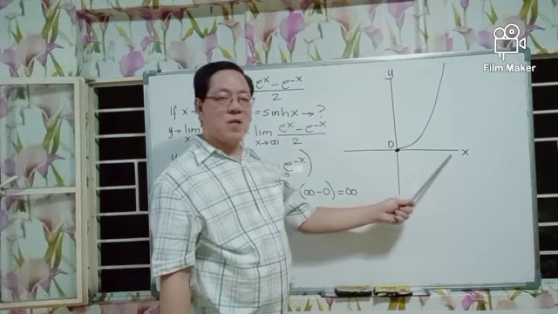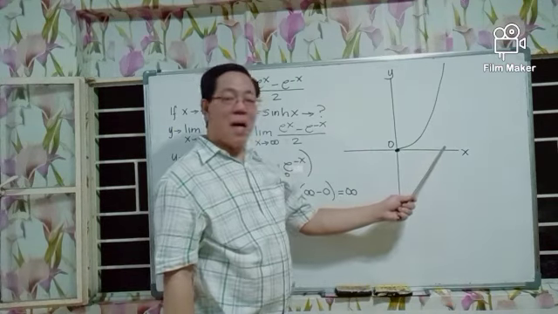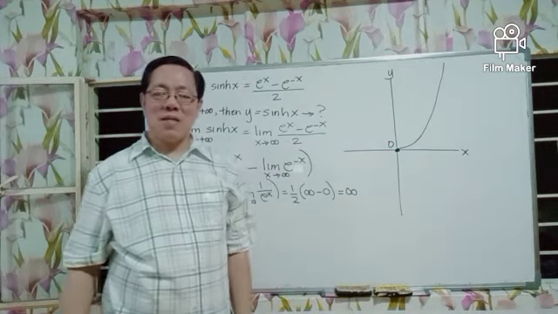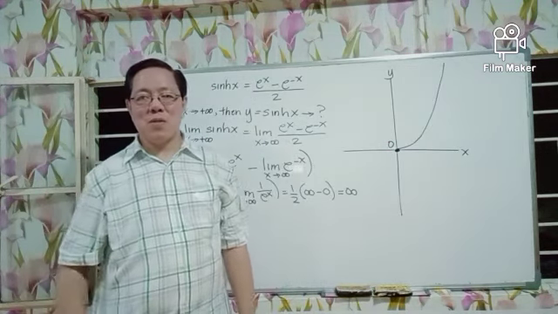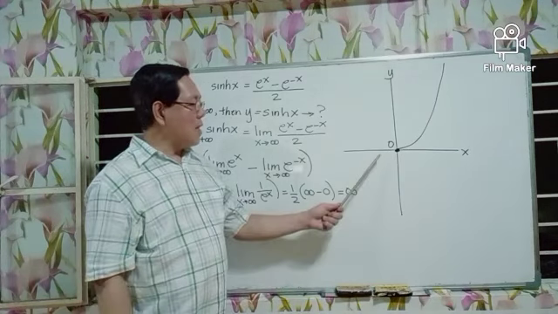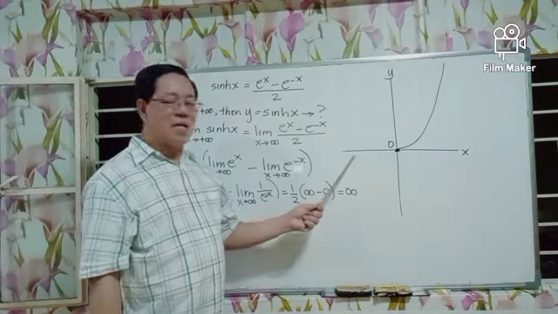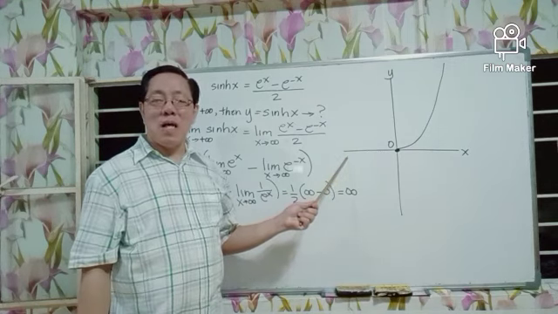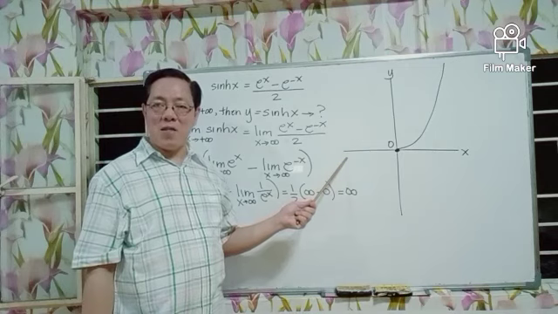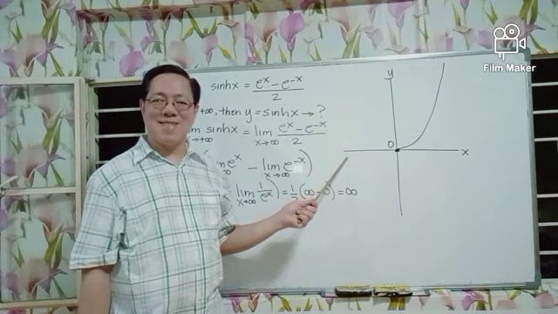As x approaches positive infinity, the value of y approaches positive infinity. Now we investigate what happens to the value of y, or the hyperbolic sine of x, if we let x approach negative infinity, or what happens if we assign values of x that are decreasing.